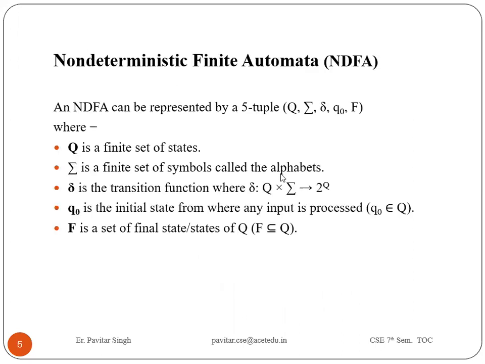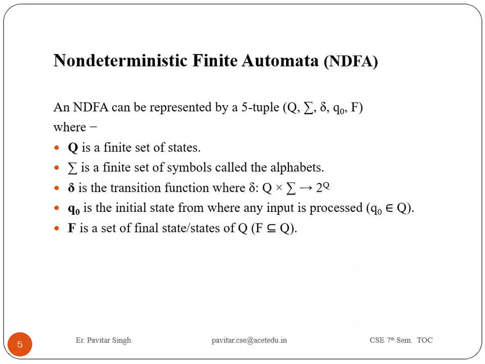So the next topic is NDFA, non-deterministic finite automata. So here again, just like DFA, NDFA also has 5 tuples. The same tuples will be there, but with a little difference, right?